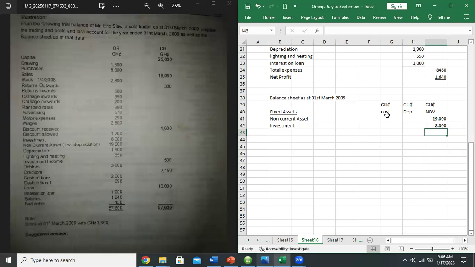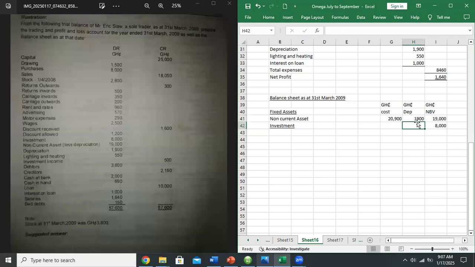So it simply means that the cost of the asset was actually 20,900, and then they deducted the depreciation of 1,900 to arrive at the 19,000 net book value.